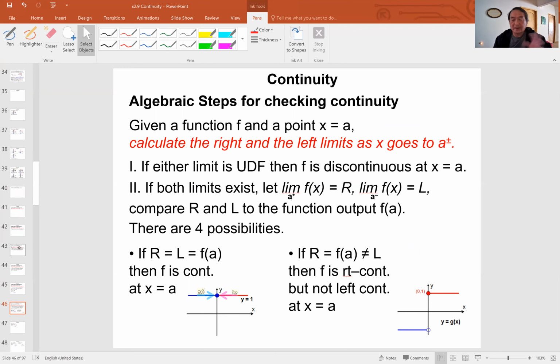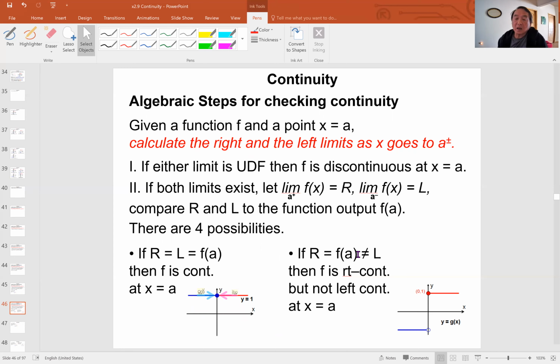But anyway, we'll talk about it in seconds. To check continuity, we check the right limit coming in, the left limit coming from the left-hand side, and I'm plugging the number a into the function itself. If they all coincide, coming from the left, coming from the right, and the function value at the blue dot, they are all connected, therefore it's continuous.